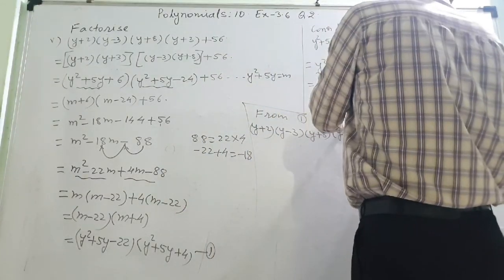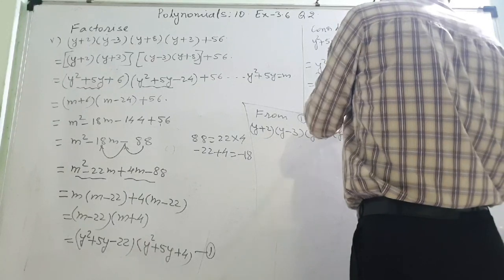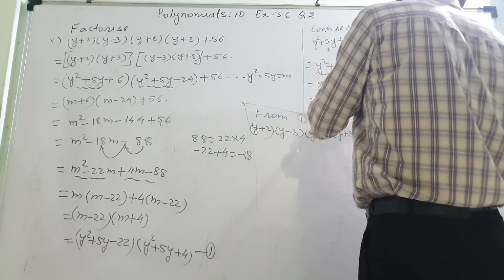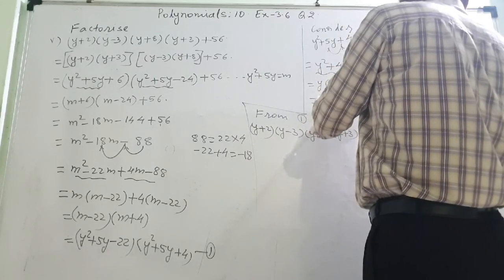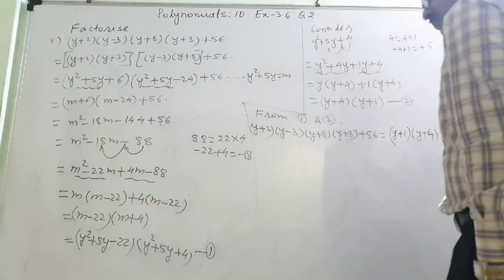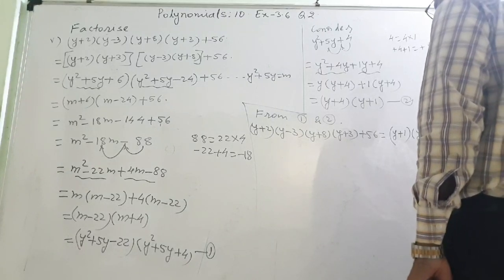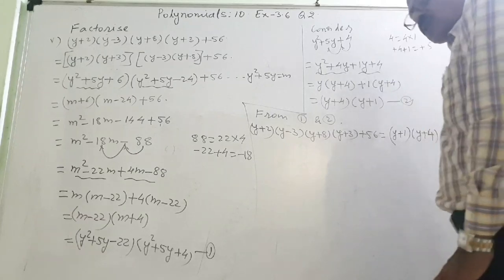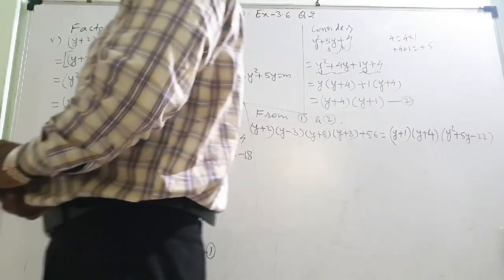So this I will take as y plus 1, y plus 4, and the bigger one y square plus 5y minus 22. So these are the factors for this.